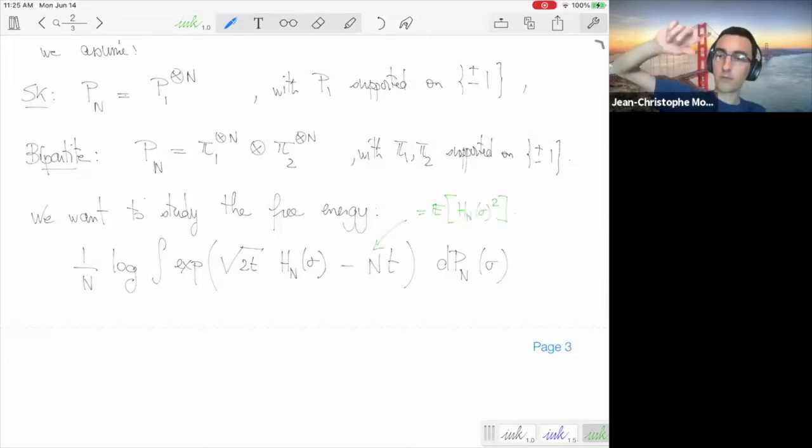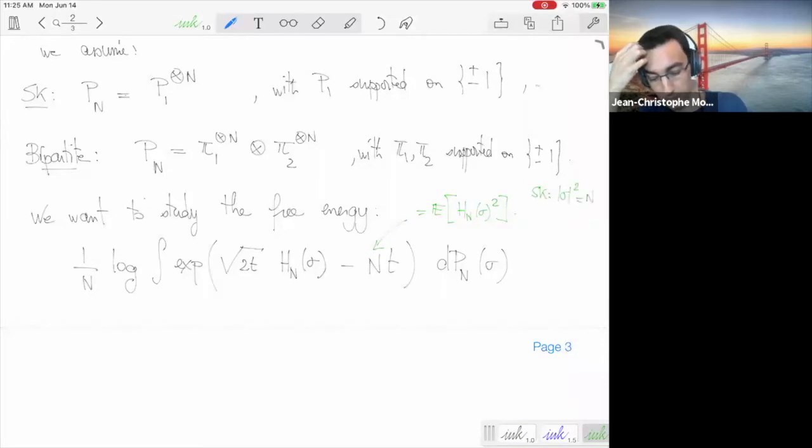But since I assume that all of the coordinates are either +1 or -1, in the models we talk about, we always have that. So for SK, we always have that sigma squared is equal to n with this choice of measure. And with this choice of measure for the bipartite, we always have that sigma 1 squared is n and sigma 2 squared is n.